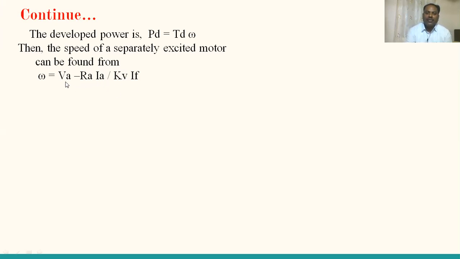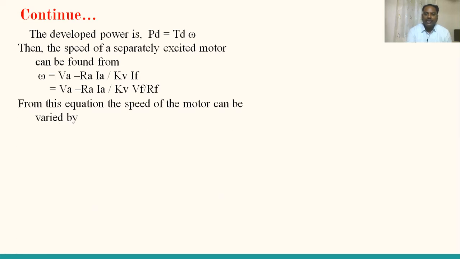Here, VA minus IA RA is the voltage across the armature and is the numerator, and KV into IF is the denominator. While writing in the notebook, you should use it as a divided by. As per this equation, we can conclude that the voltage across the armature is directly proportional to the speed, and the field current is inversely proportional to the speed. Here field current can also be expressed as VF by RF.